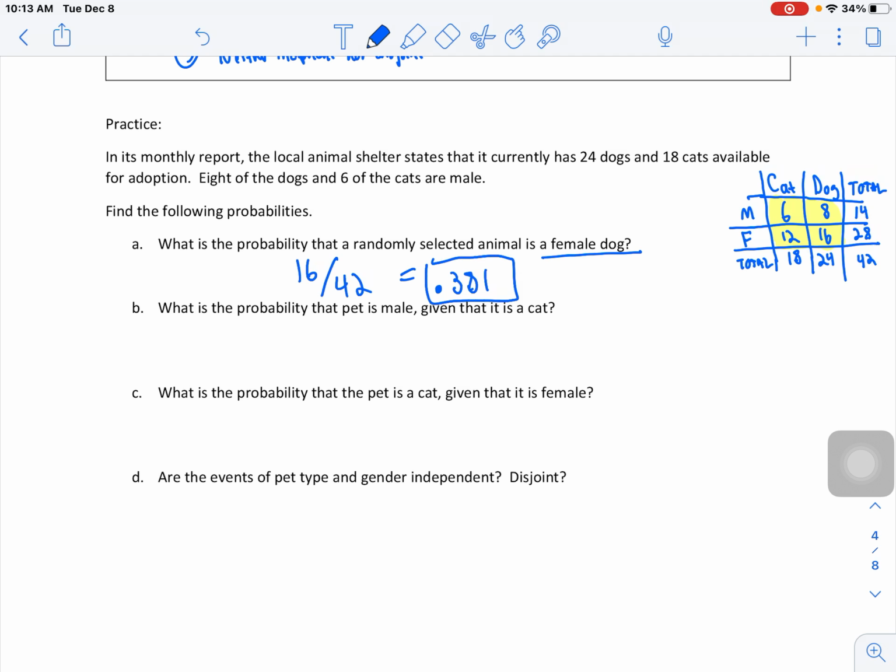Okay, so that was just a regular probability question. Question B says, what is the probability that a pet is male given that it is a cat? So now this becomes a conditional probability statement. We're looking at the probability that it's male given that it is a cat.